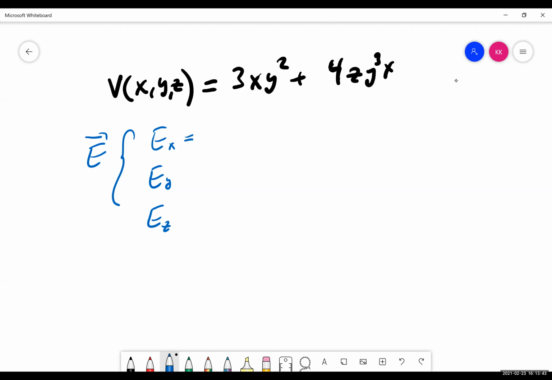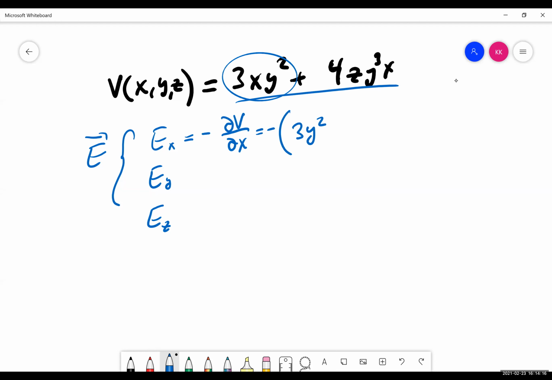Electric field in the x direction is equal to the negative of the partial derivative of V with respect to x. What it means is that if I'm taking the derivative of this function, everything is a constant but x. That means y is a constant, z is a constant. So 3xy squared just becomes 3y squared, because I'm only treating x as something that I'm taking the derivative with respect to.